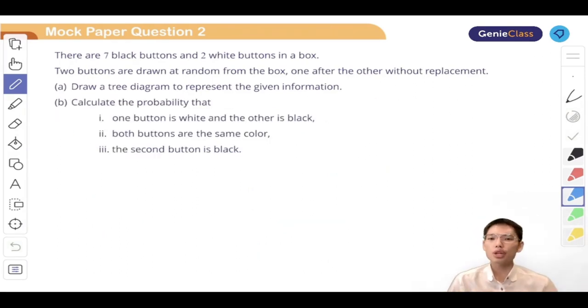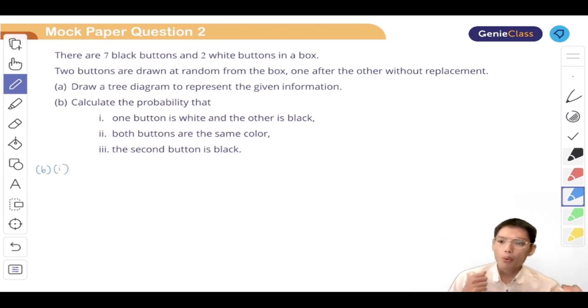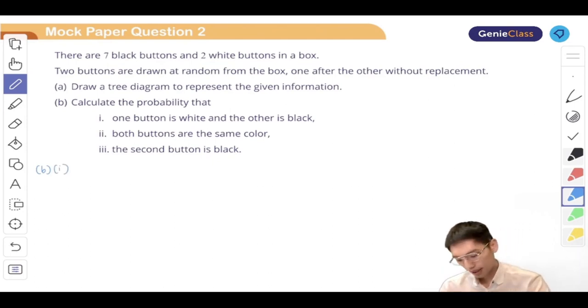So, after they ask you to draw a tree diagram, the possible ways for them to ask you to calculate the probability are always based on the tree diagram. First up, if you refer to the tree diagram, calculate the probability that one button is white and the other is black, or I can say they are different colors. So there are two ways.